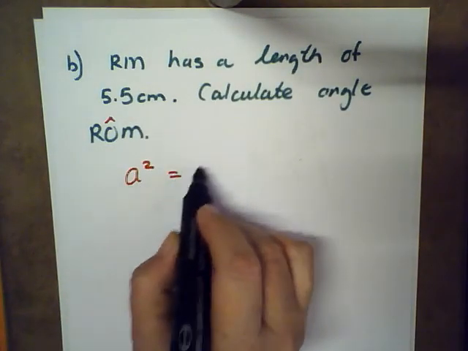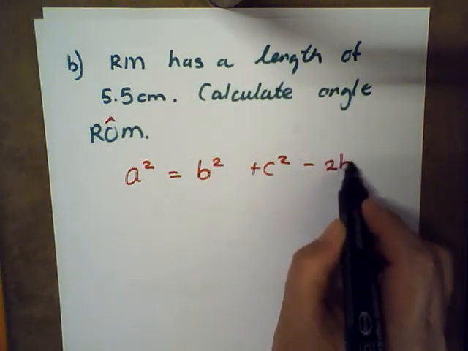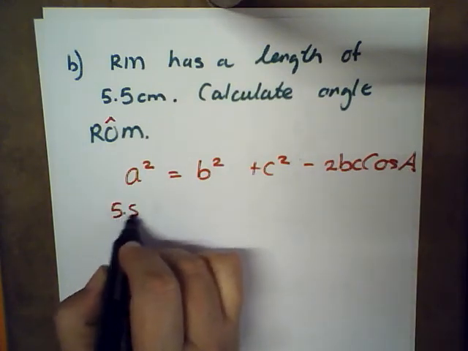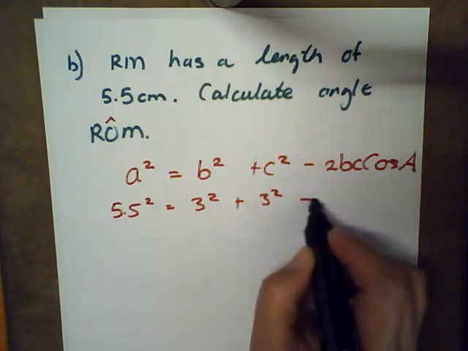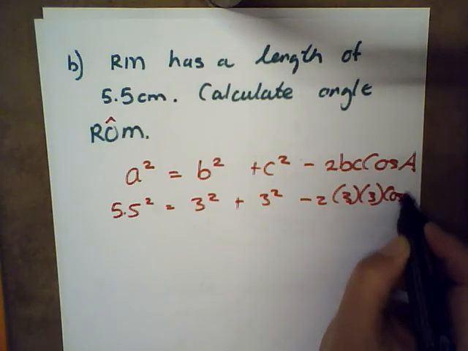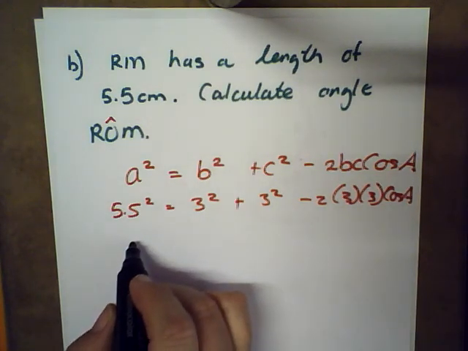So a squared equals b squared plus c squared minus 2bc cos a. 5.5 squared equals 3 squared plus 3 squared minus 2 times 3 times 3 cos a. And now I just have to simplify and find a.